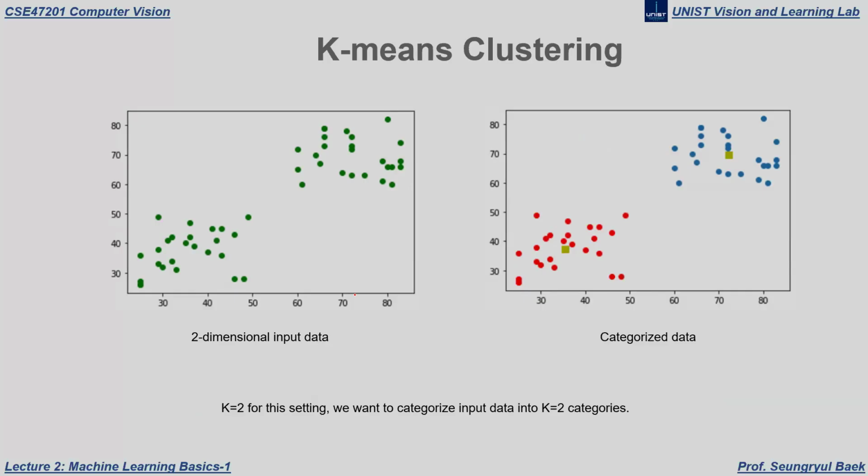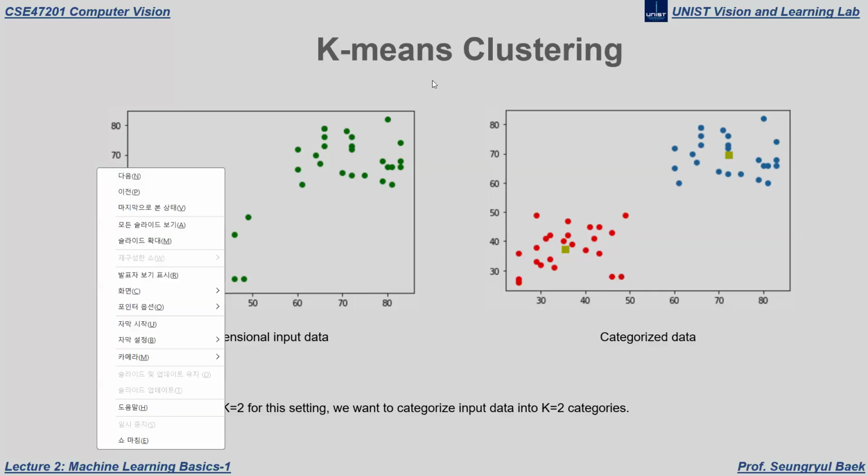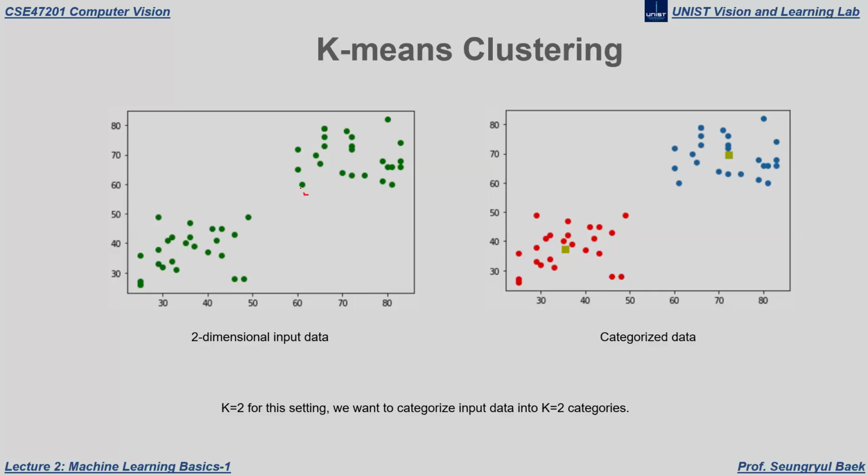On the left side, you are given some samples. Each green dot means each sample, okay? And it has a two-dimensional vector. The green dot is a two-dimensional vector. Which means here, this point, its X value is around 60, right?